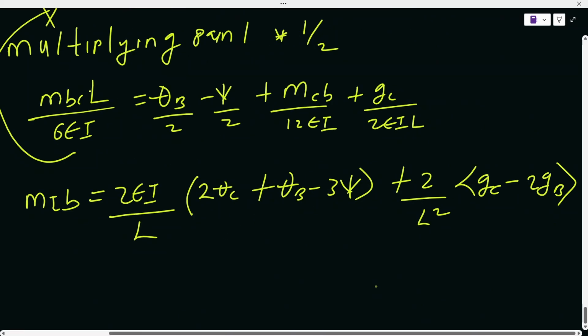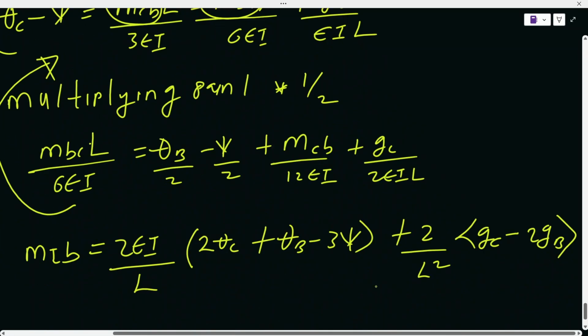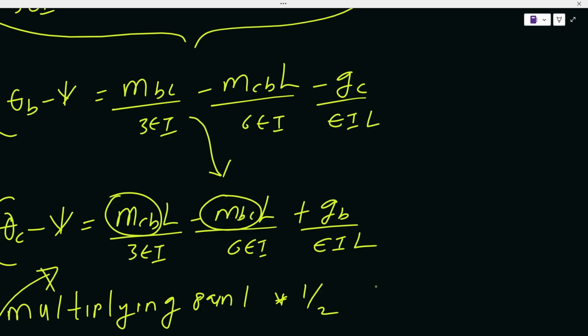Now, that's for MCB. When you repeat the same step, instead of substituting MBC L over 6EI, let me substitute MCB L over 3EI. When I substitute it inside here, it means that I'll be left with MBC.